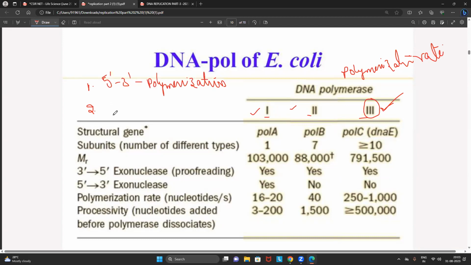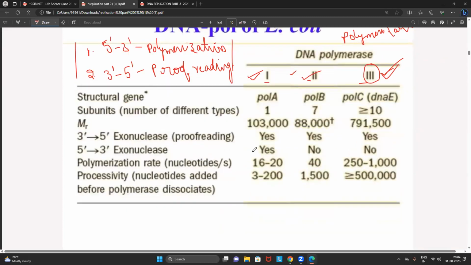And number 2, every polymerase enzyme plays a very crucial role in what process? In the 3' to 5' proofreading or the exonuclease activity. These 2 are the common functions. Pol 1 will do these 2, Pol 2 will do these 2, Pol 3 also will do these 2 functions. But let's see the differences.